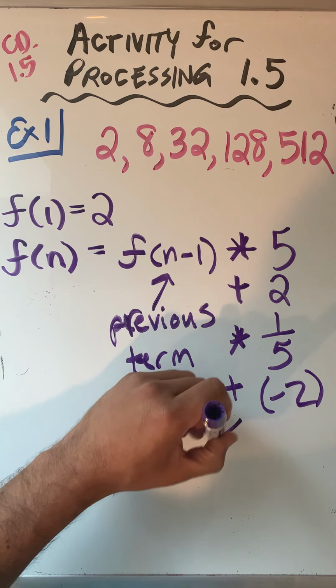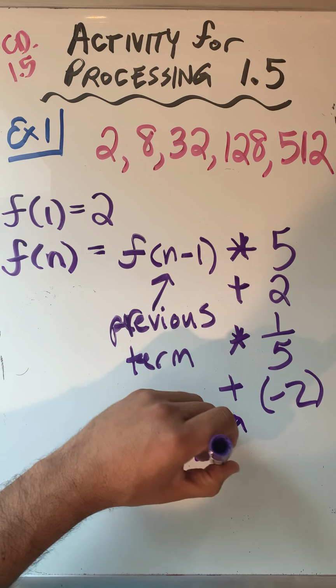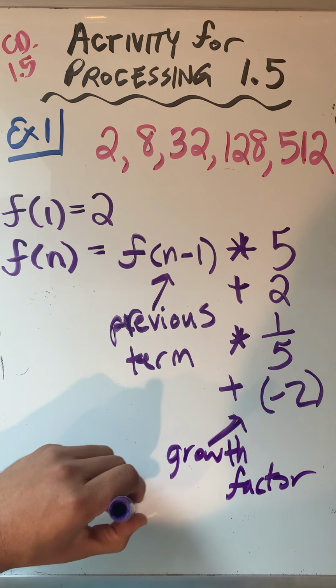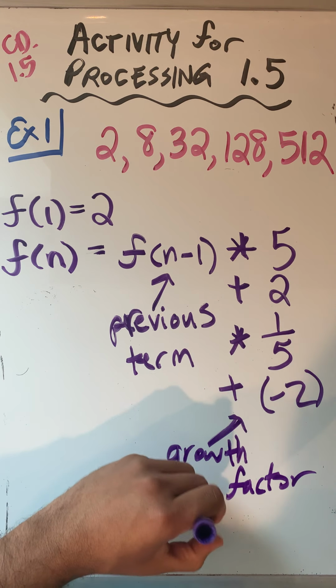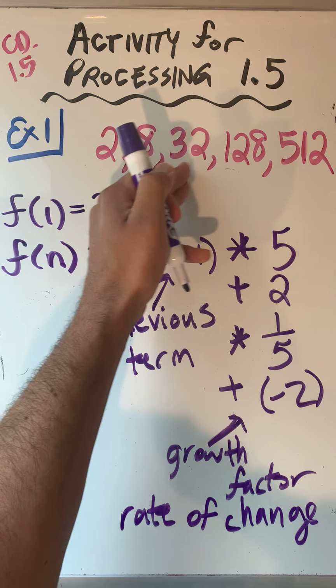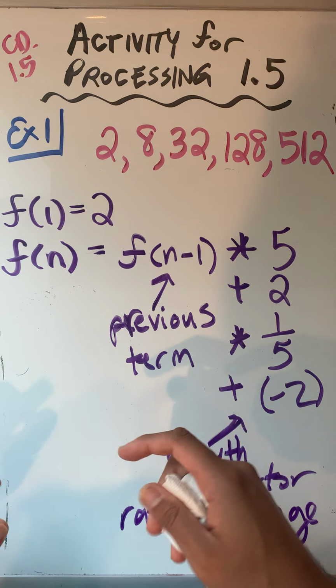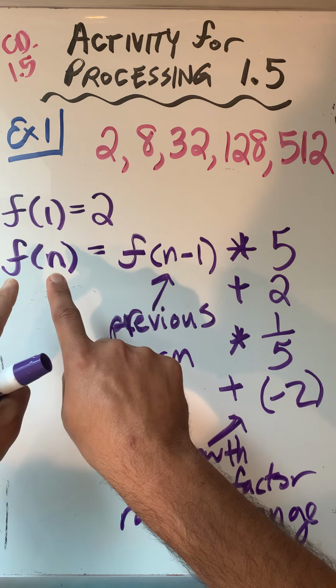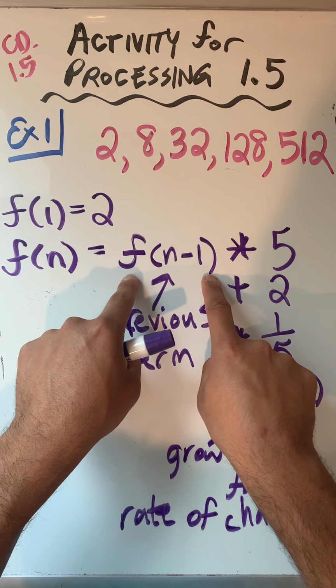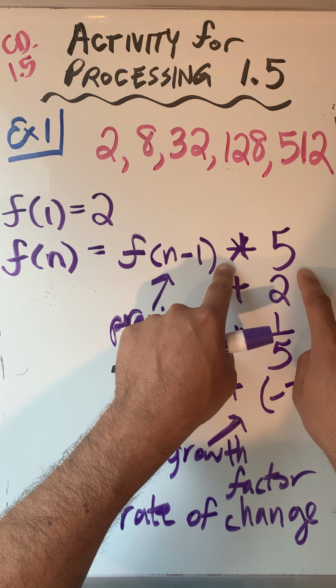Another name for growth factor here, some people call it rate of change. This is basically telling you how much it is changing by from one term to the next. So if I can read this out to you, the current term is the result of taking the previous term and doing something with it.